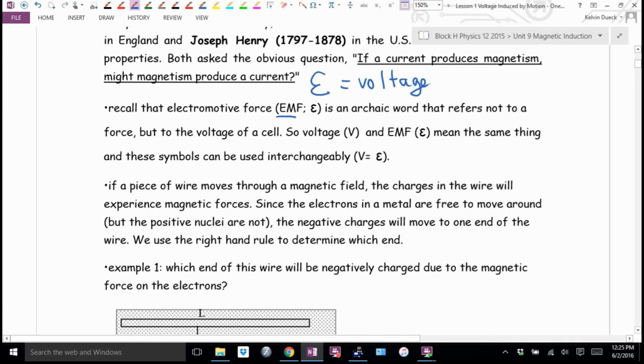It stands for electromotive force. It's badly named because it's not a force. It's not in newtons. It's in volts. It's an archaic, an old word that refers not to a force, but to the voltage of a cell, the maximum theoretical voltage before we hook it up to anything. So capital V and EMF in this unit will mean the same thing.